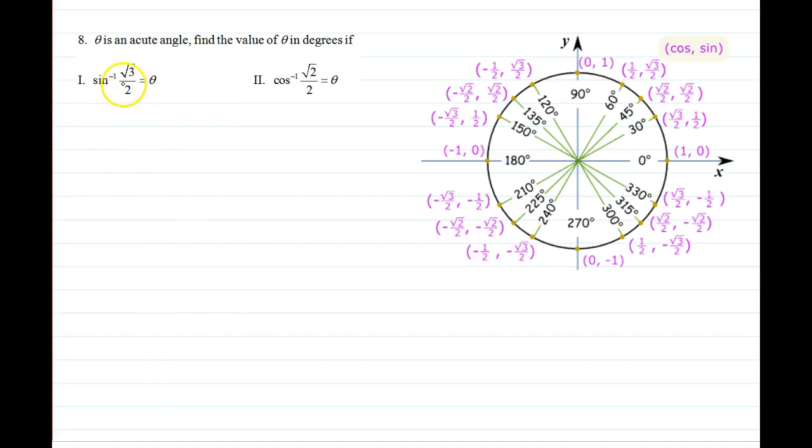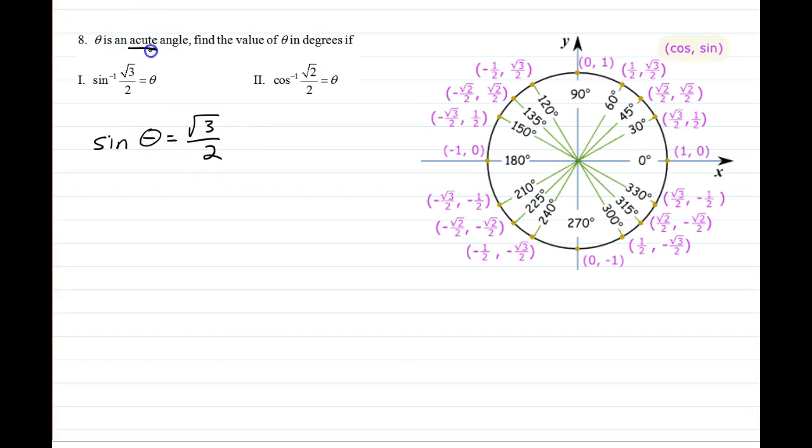All right, for number 8, this is written in a notation. If we were to think of the inverse sine this way, this is saying the sine of theta equals rad 3 over 2. So what angle gives us rad 3 over 2?